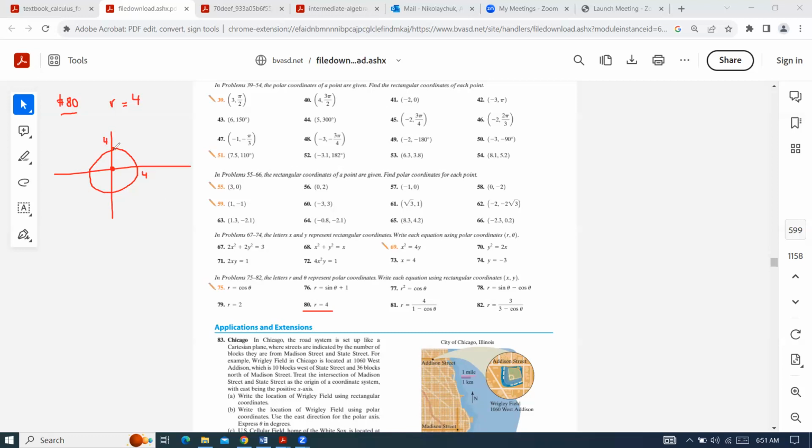So we have a very neat way to describe circular relations. It's not a function.